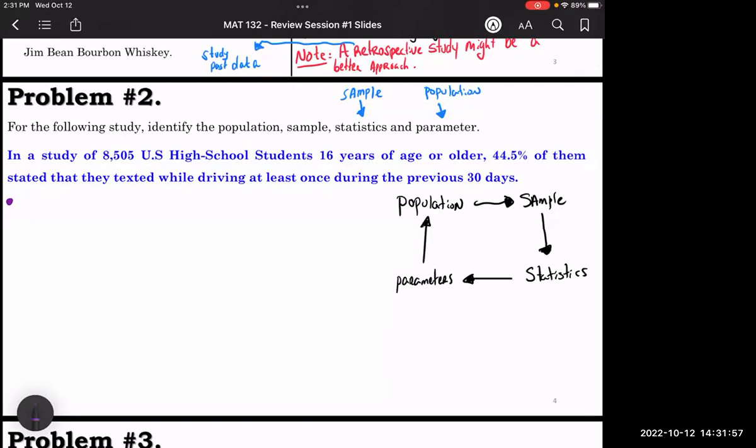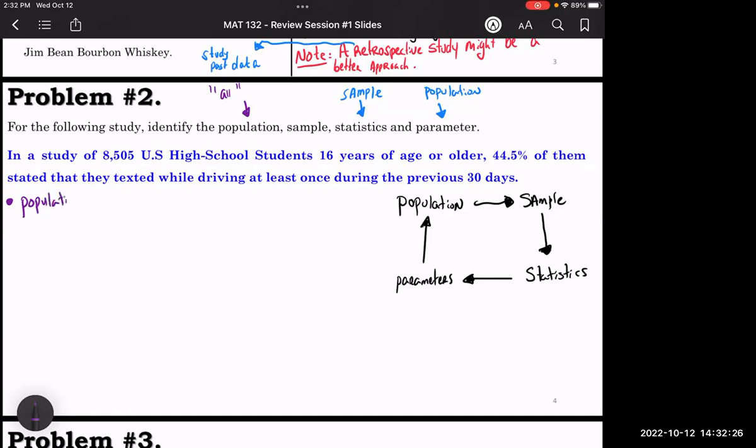It's not. Instead, the population, yes, Lauren mentioned it in the chat. The key word when you're describing population is all of the individuals of interest. So who are the people that we are interested in? We're interested in the US high school students, 16 years or older. So our population is all of them.